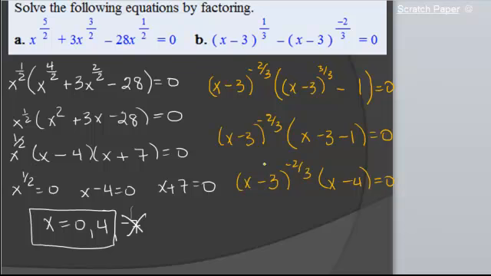Set each of those equal to 0. Remember what this means though. You have to flip it over, so you'll have 1 over, well, 2/3 as a power means the cube root of something squared. So the cube root of x minus 3 all squared. That's equal to 0, and also x minus 4 equals 0.